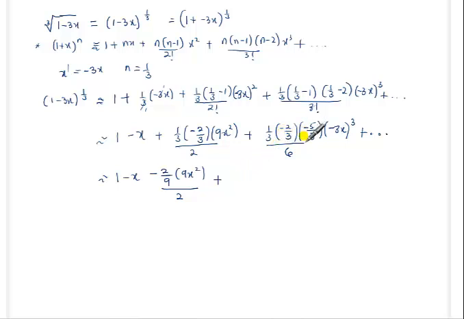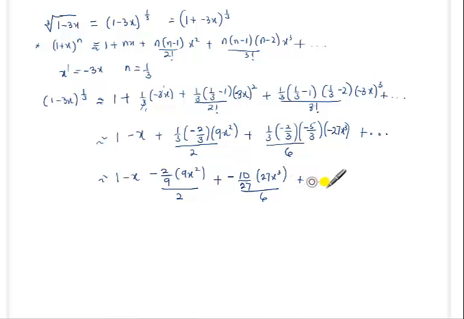Now here we could have simplified this to be a negative 27x cubed, because negative 3 cubed is negative 27. So this expression here will multiply, since it is a negative, we're going to have this to be a negative, and the numerators will give us a negative 10, and the denominators will be 3 by 3 by 3 to give us a 27, multiplying 27x cubed, all on 6.